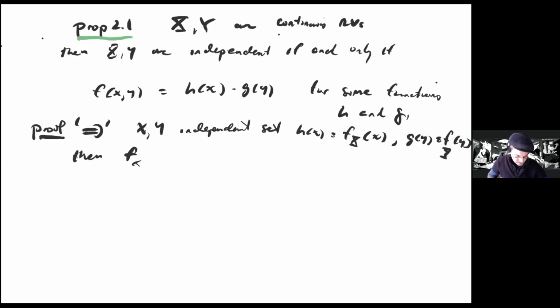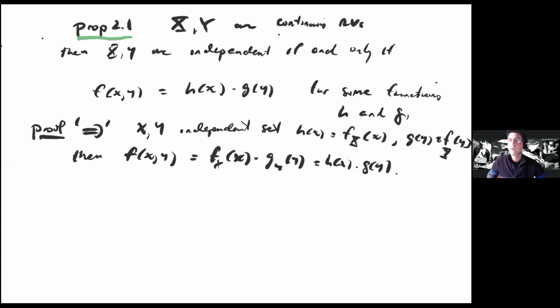Then we have f of xy is given by f sub x of x times f sub y of y, which is equal to h of x times g of y. So that direction was easy.